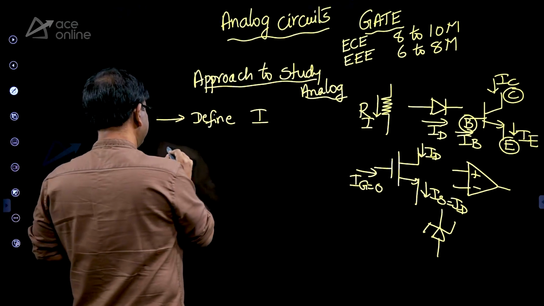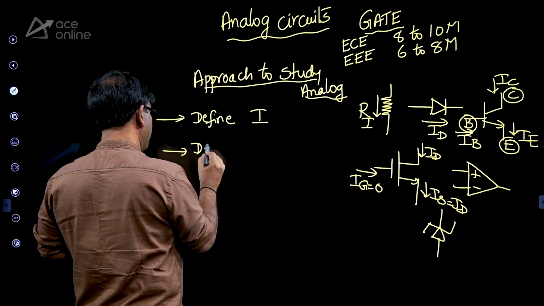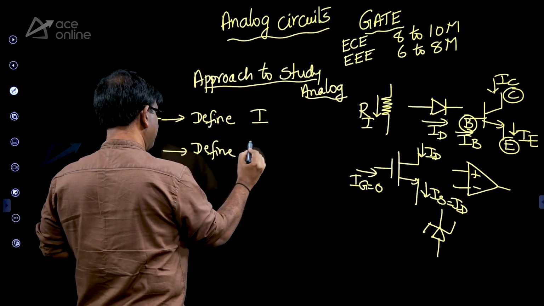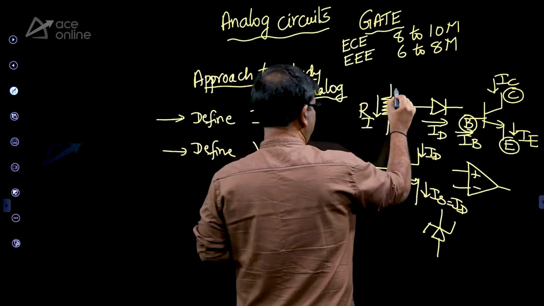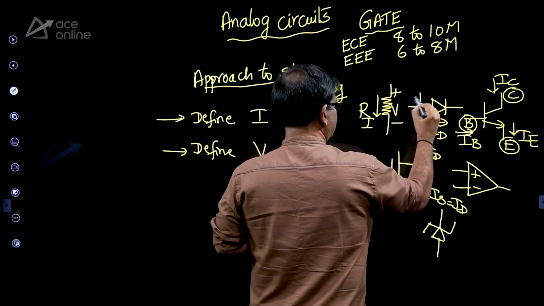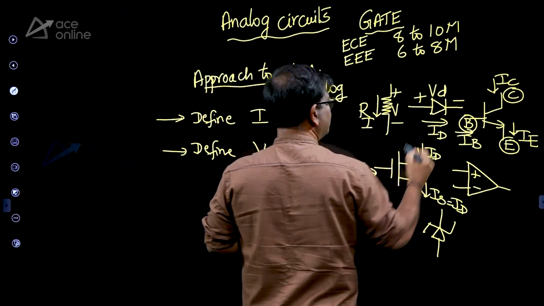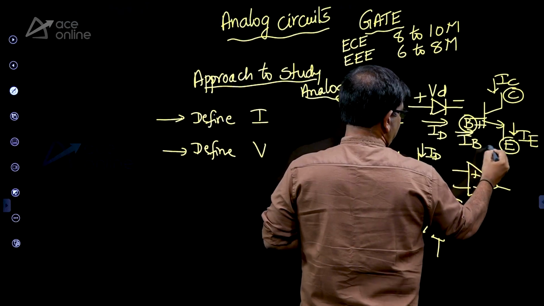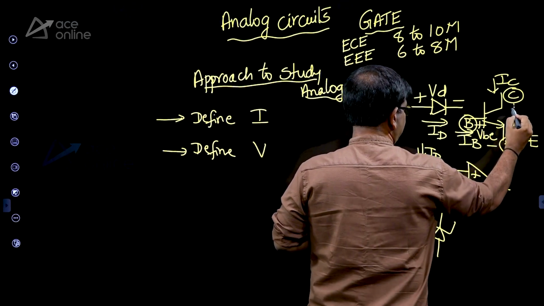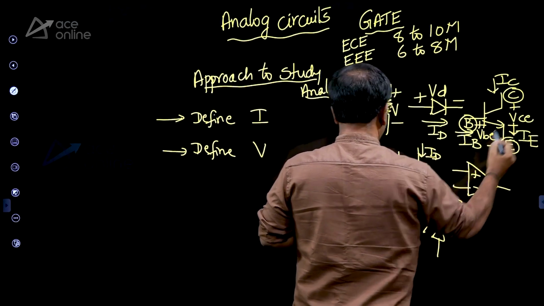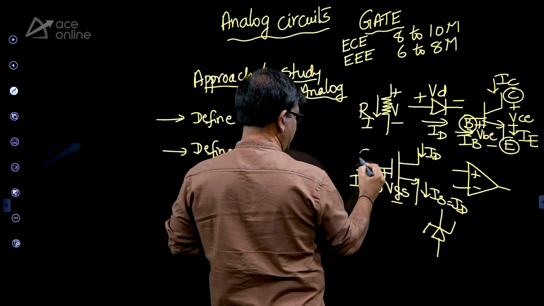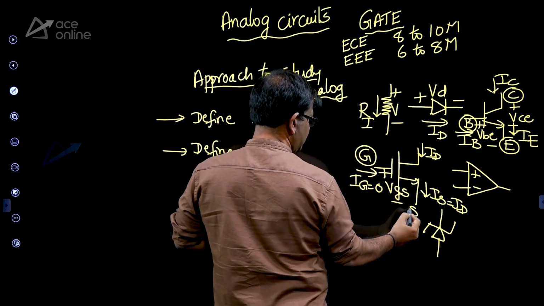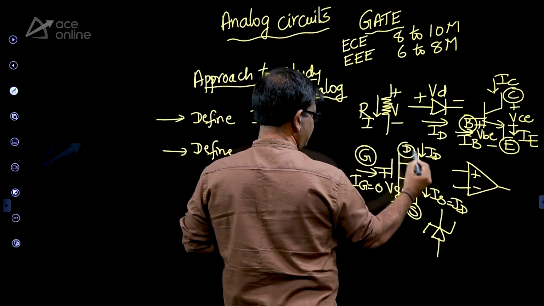And then you can allot a unique value of voltage to every device. So the voltage across a resistor V here, so you can have VD here. So you can have VB, VC. So you can have VGS. This is the gate terminal, source, drain.